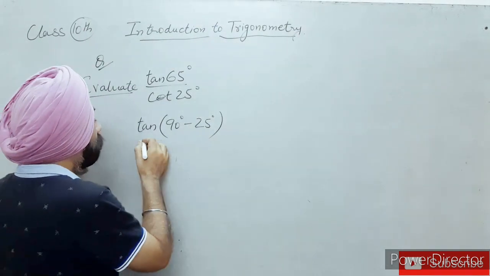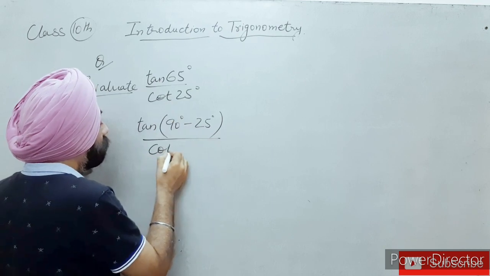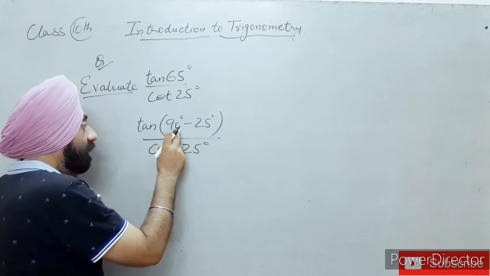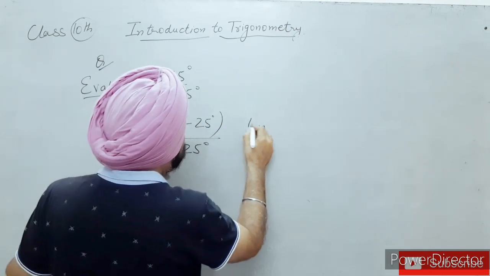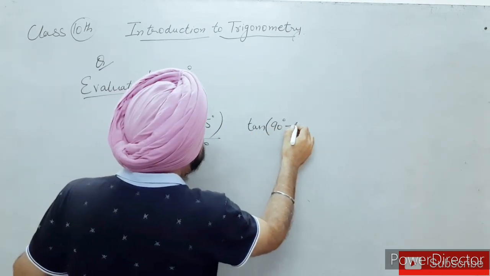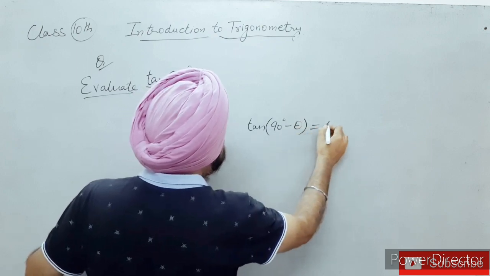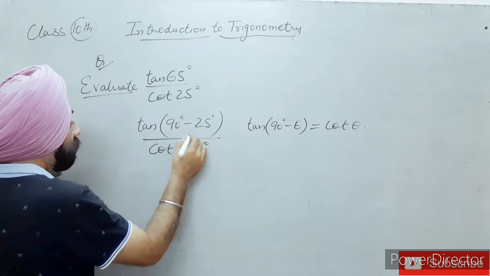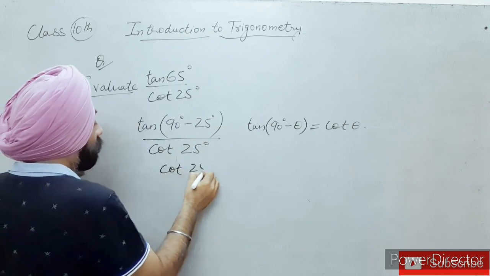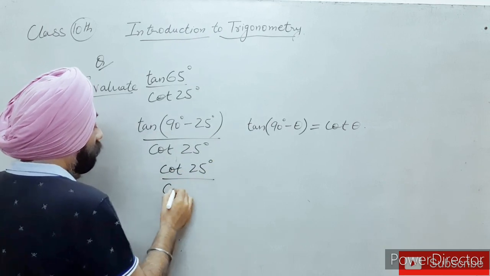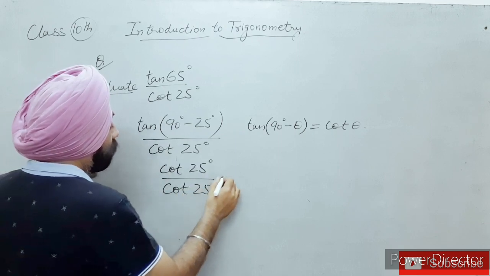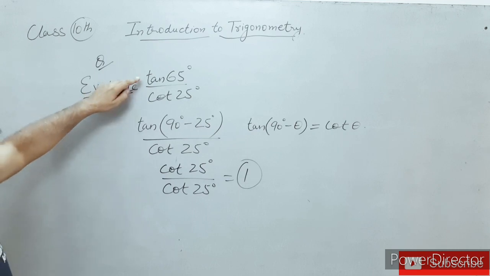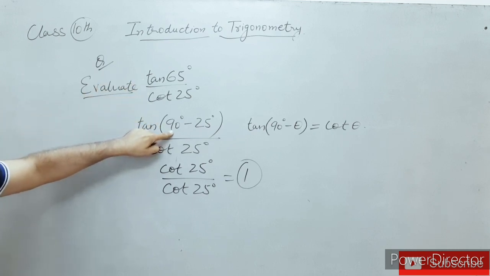So tan of (90 minus 25) divided by cot of 25. This is tan of 90 degree minus theta. What is this? Cot of theta. So I get cot 25 degrees divided by cot 25 degrees. Answer is 1. I have changed the numerator, right?